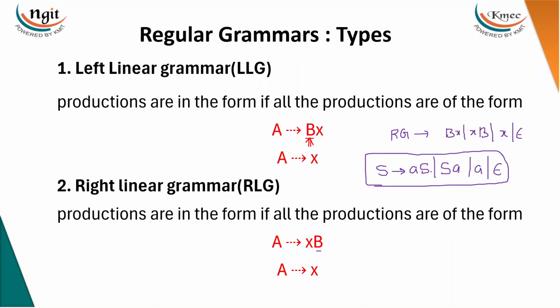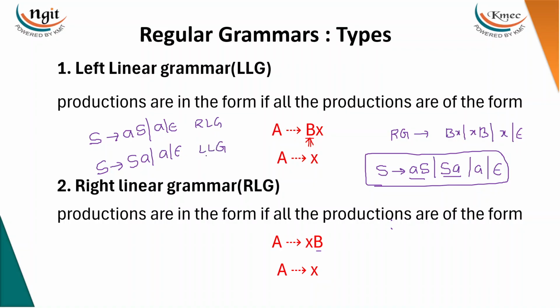But this is not left linear or right linear, because here we have both left linear productions and right linear productions. If you say only right linear, you can take S tends to AS or A or epsilon. And if you want left linear, you can write S tends to SA or A or epsilon. So this is a right linear grammar and this is a left linear grammar.